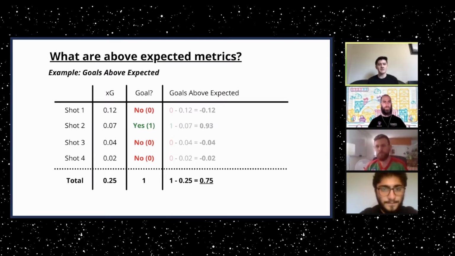Here for expected goals, that's just the total number of goals we score, which is 1 in this case. Then we take the total of all of the probabilities that we get a yes. In this case, that's our total expected goals of 0.25. Then we subtract what we're expected to score from how many goals we actually score, and that's 0.75 goals above expected. Sometimes we might divide this by the total games played or the total number of shots. It just depends on what point we're trying to portray with our analysis.